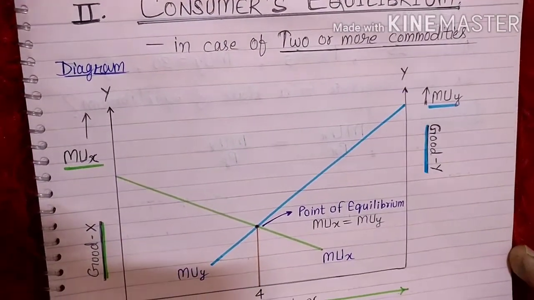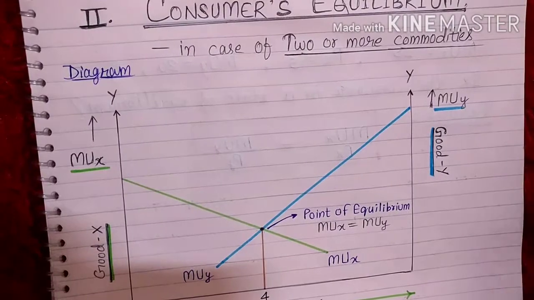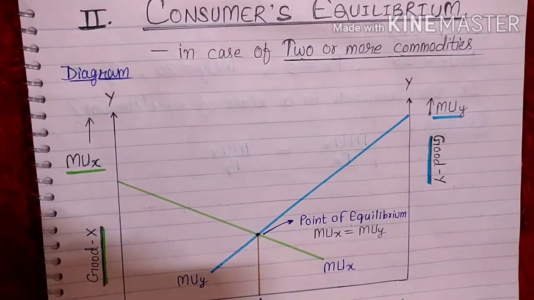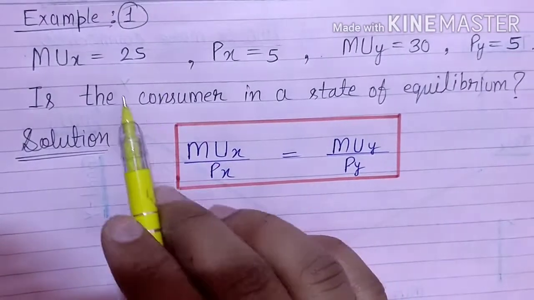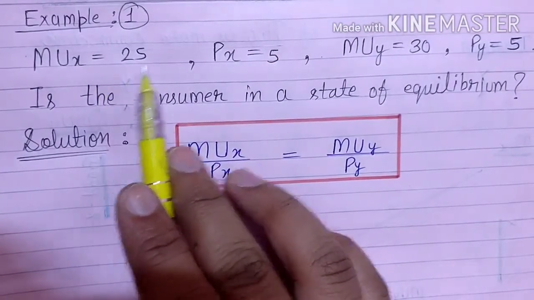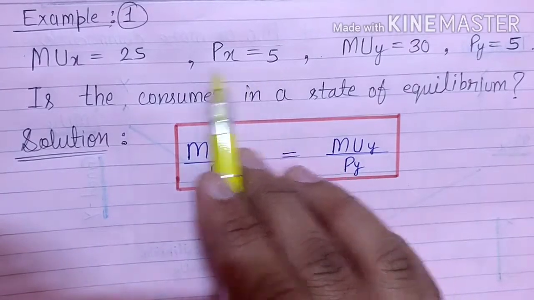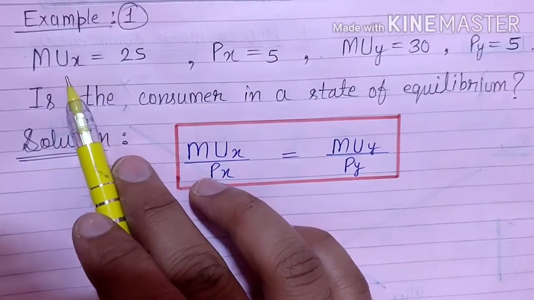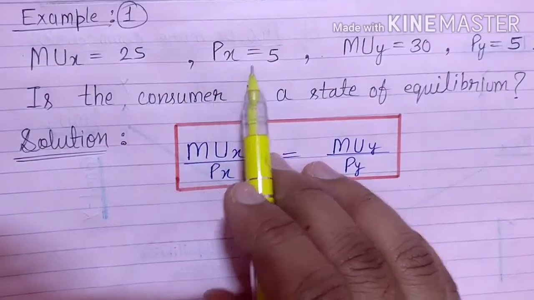Now we will solve one example on the basis of given quantities of MUx and MUy. Example 1: we are given MUx 25, Px 5, meaning marginal utility of good X is 25 and price of good X is 5.